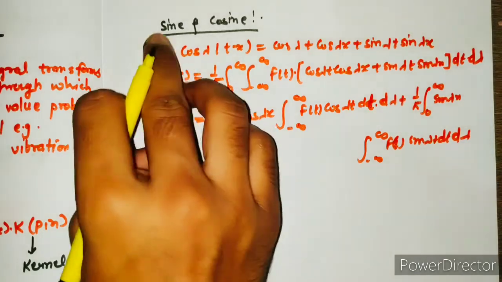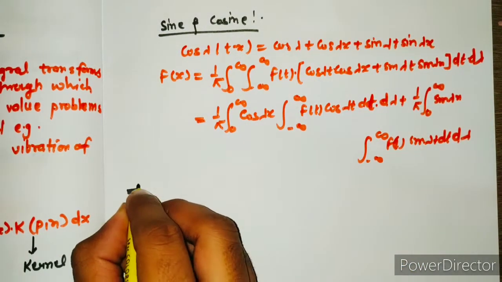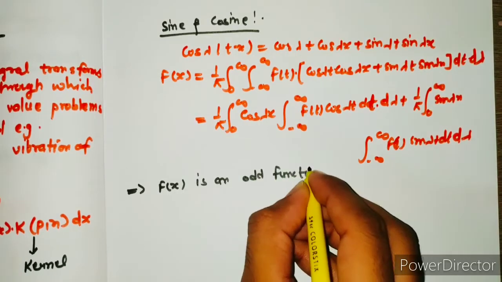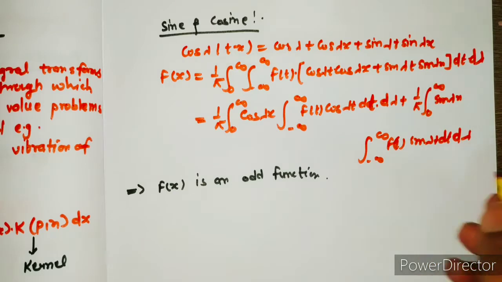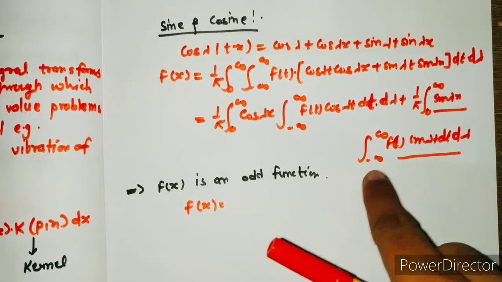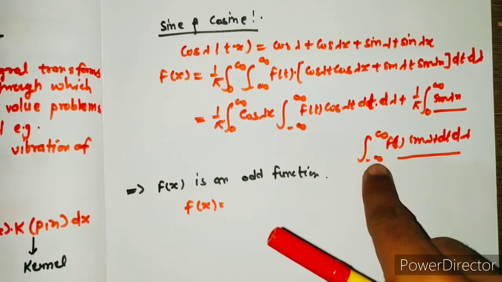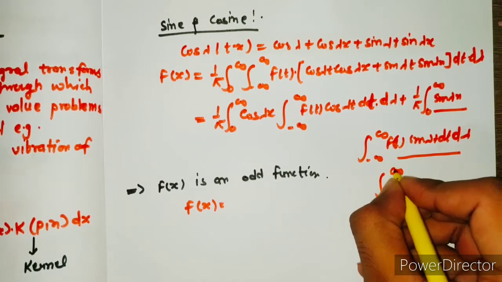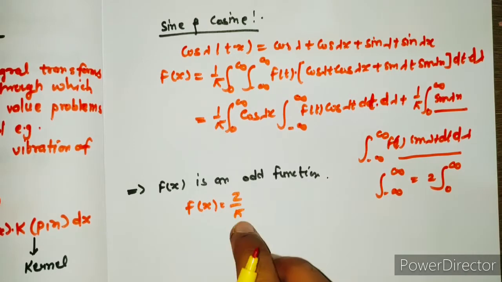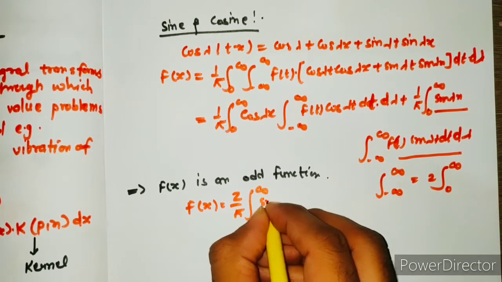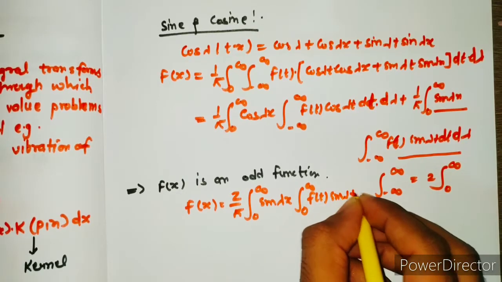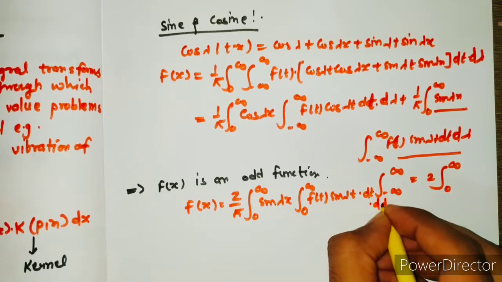Now decide where to use sine and where to use cosine. When the function f(x) is an odd function, use the sine formula. For f(x), in the basic integral, when you change the limit from minus infinity to infinity to 0 to infinity, it is multiplied by 2. So it is written as 2 upon pi, integral from 0 to infinity of sin lambda x, integral from 0 to infinity of f(t) sin lambda t dt d lambda.